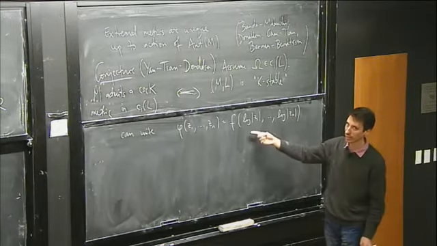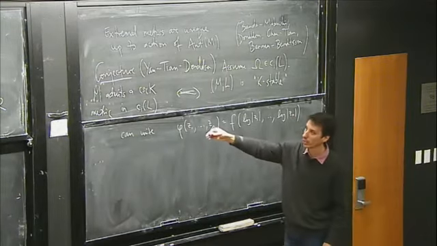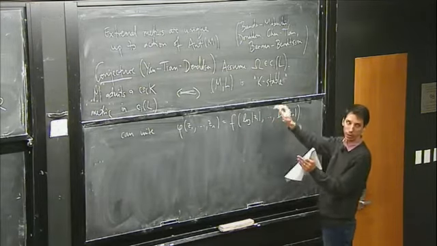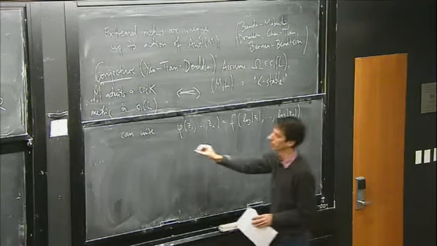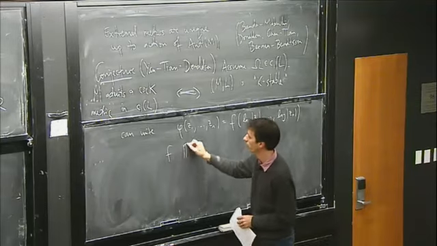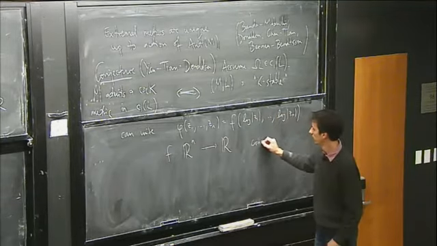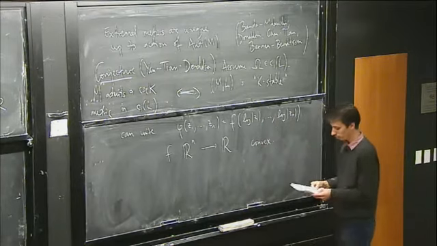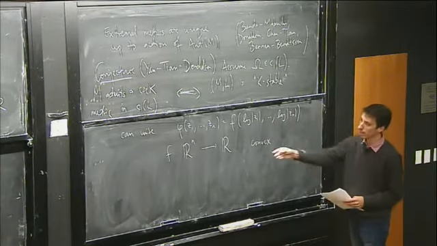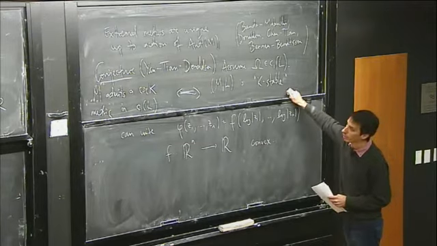And then one can check that the condition for phi to define a Kähler metric, at least on this open set, is just that f is convex. So f will be a convex function from R^n to R. Okay, so this f is essentially the Kähler potential.